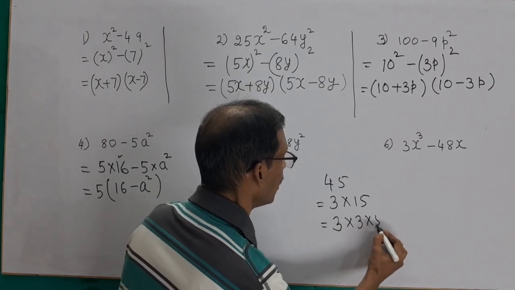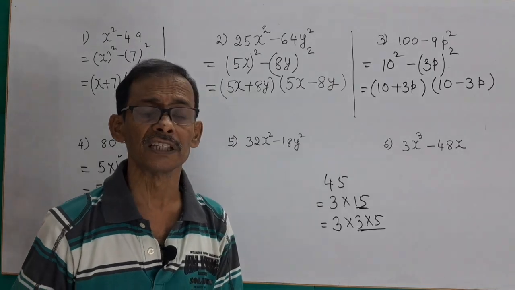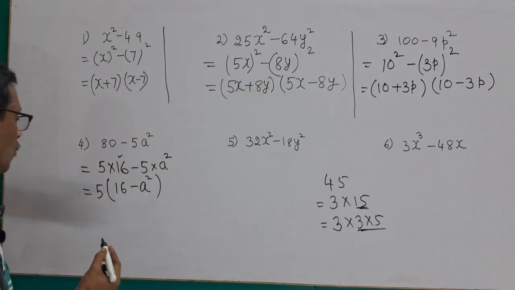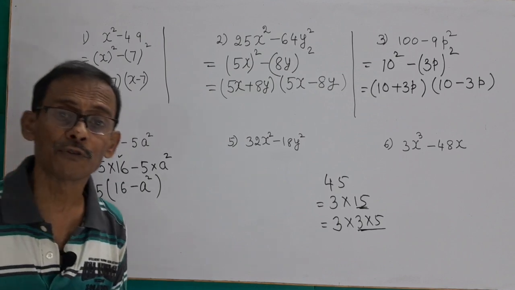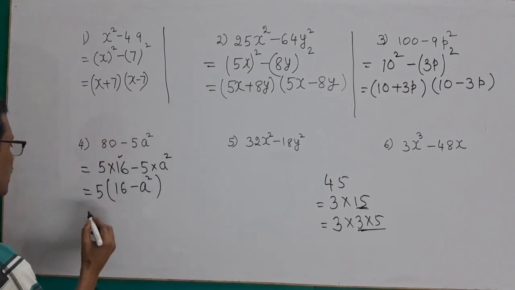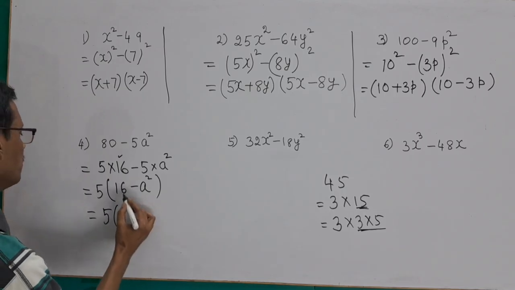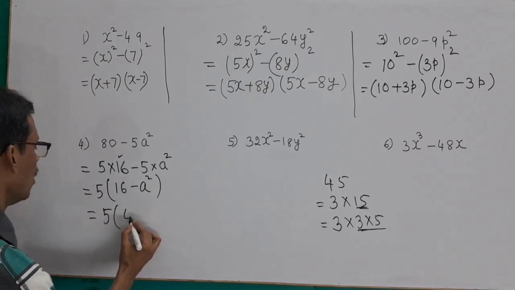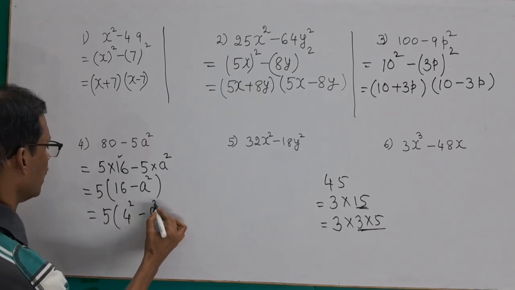Further this 15 is to be factorized, which gives 3 into 5. So now this 16 minus a square, have you forgotten a square minus b square? Certainly not. Then 5, see, 16 you can write as 4 square minus a square.